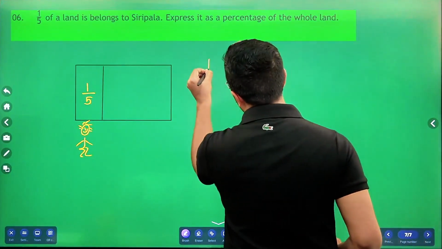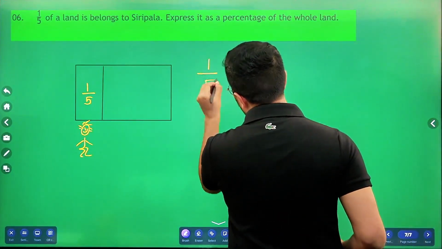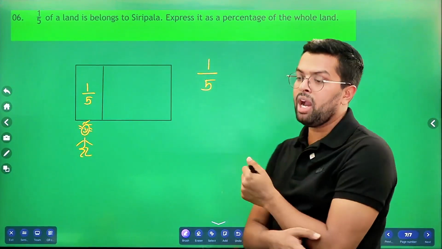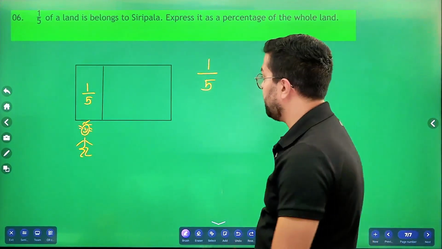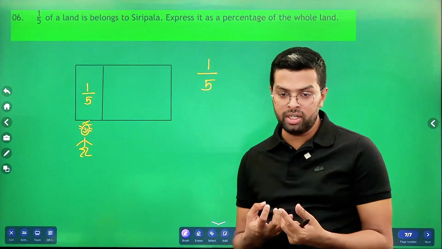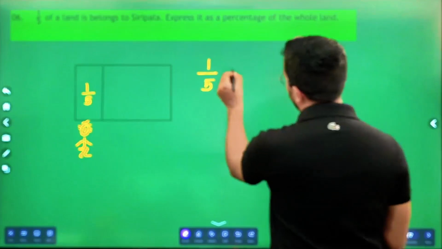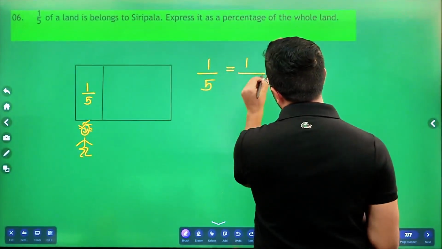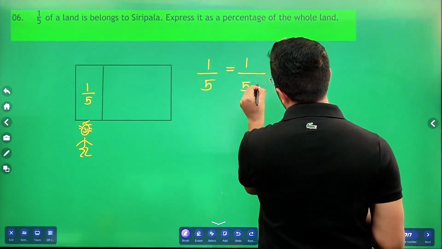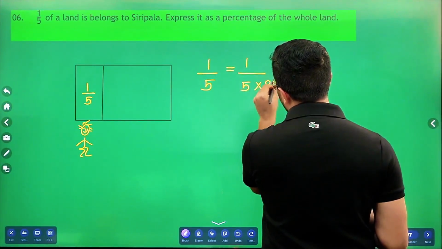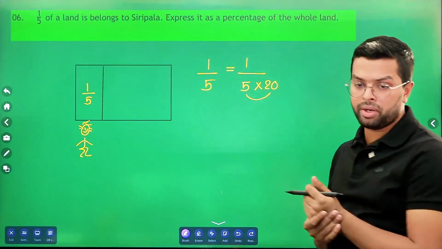Can't we convert this fraction into a fraction where the denominator equals 100? Equivalent fractions, can you remember? So let's multiply 5 by 20. 5 times 20 gives you 100.